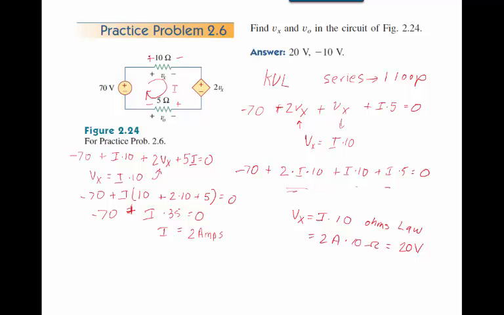Sure enough, it's 20 volts. And then VO, the way they've drawn it, if I was measuring, is in the opposite direction. So it's a negative sign of I times 5. So that would end up being negative 10 volts.